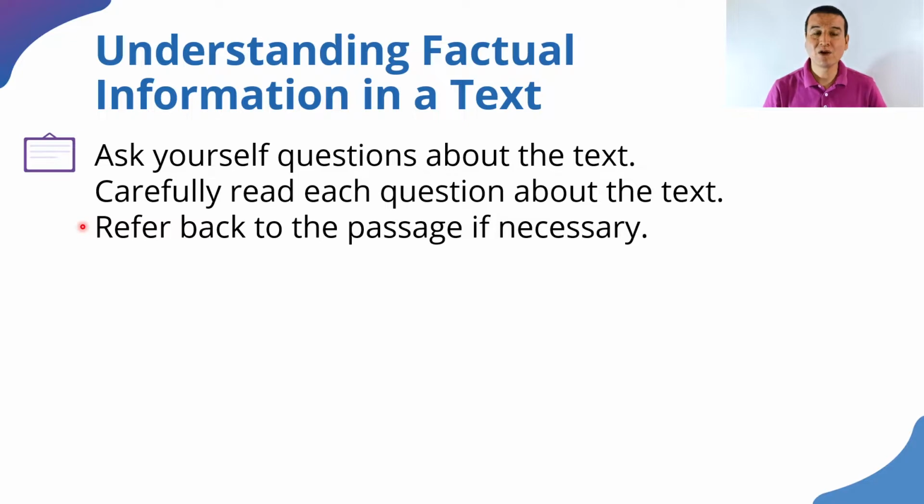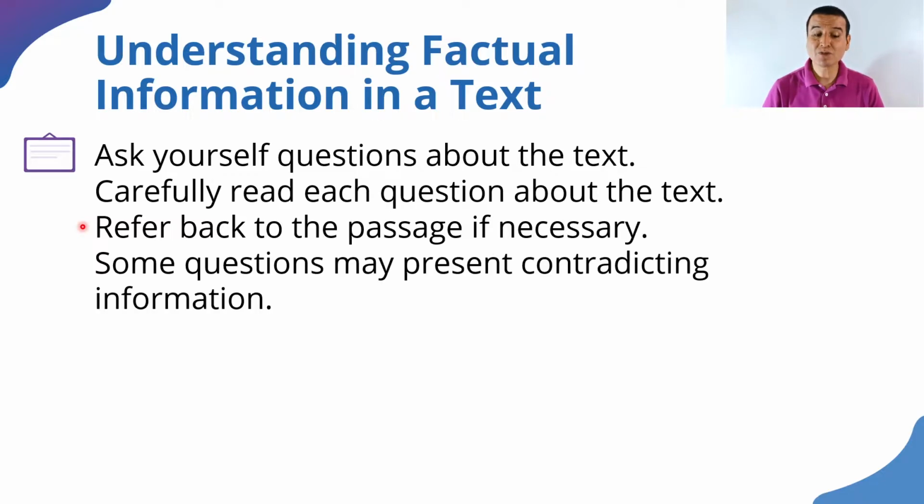All right? Now, when you have written questions or somebody else has written questions, you may have to answer those questions yourself. So let me give you some ideas that you can use when you have to answer factual questions about a text, in English or in any language. Some questions may present contradicting information.